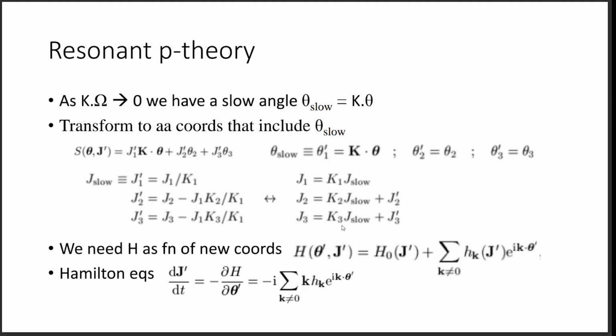My first newfangled angle is the slow angle. It turns out that the other two angles, with this choice, which is totally arbitrary for the rest of the generating function, stay the same. If you ask what are the new actions, well, J slow, that's J1 primed, is the derivative of this.